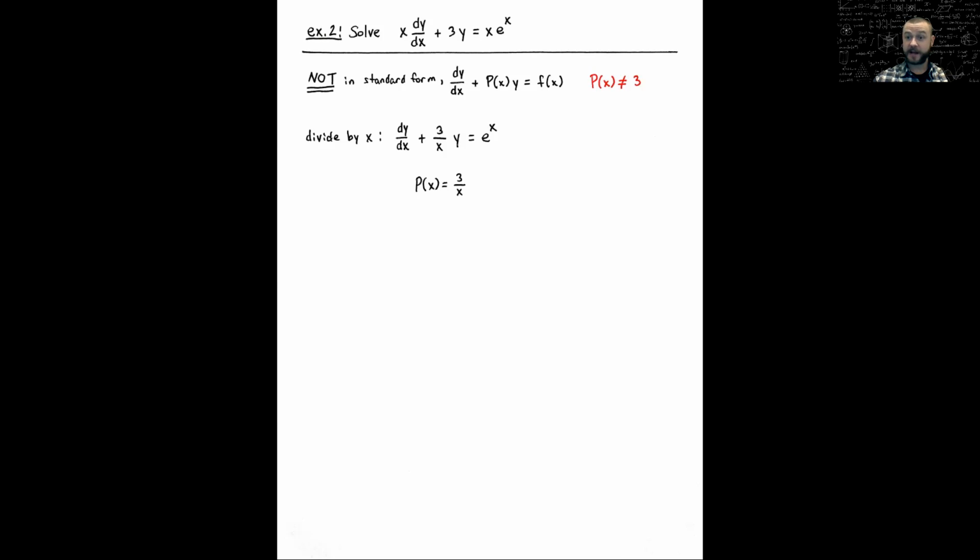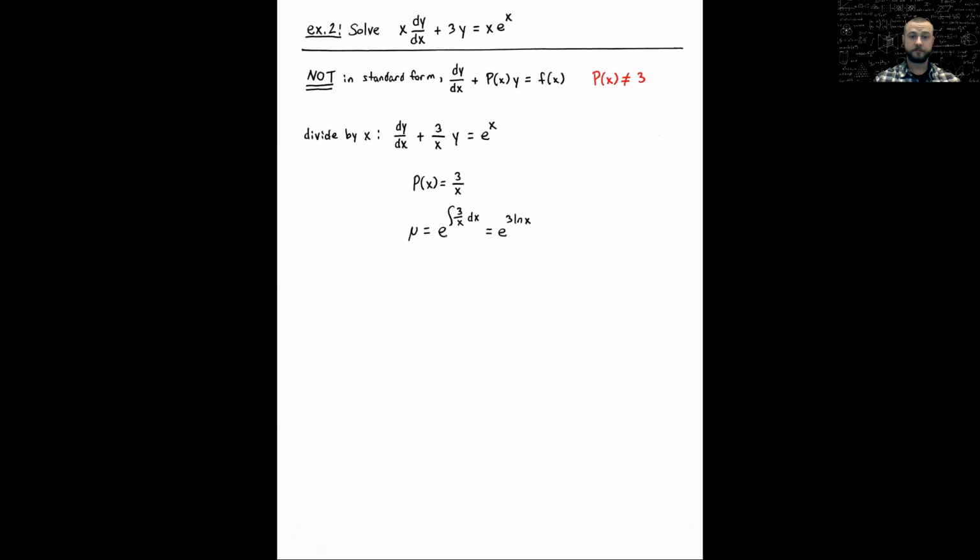With that, we can now find the integrating factor. We're basically going to integrate that 3 over x. And that goes up in the exponent of the exponential function. All right, so we get to here. The integral of 3 over x just becomes 3 times natural log of x. This integrating factor, though, does simplify.